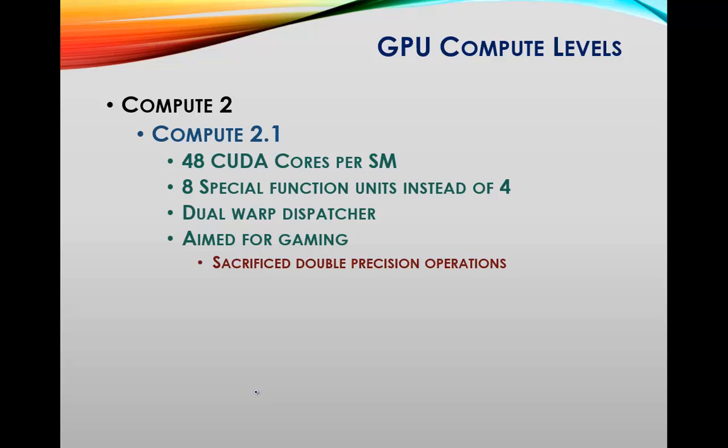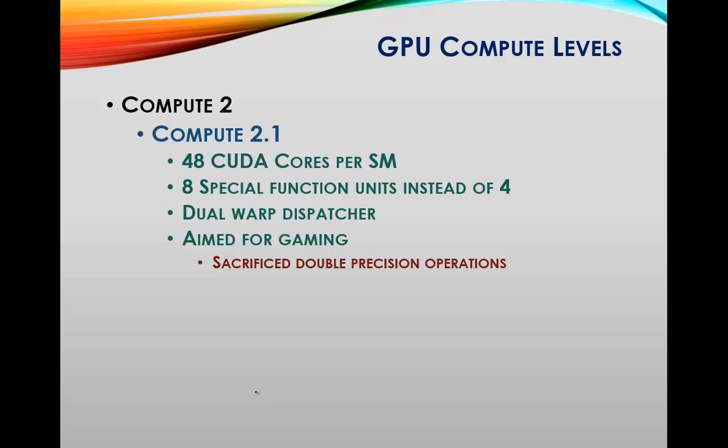These devices change the architecture by using 48 CUDA cores per streaming multiprocessor instead of the usual 32 per streaming multiprocessor of Compute 2.0. There are 8 single precision special function units instead of the usual 4, and then you have a dual warp dispatcher instead of the usual single warp dispatcher in the units.